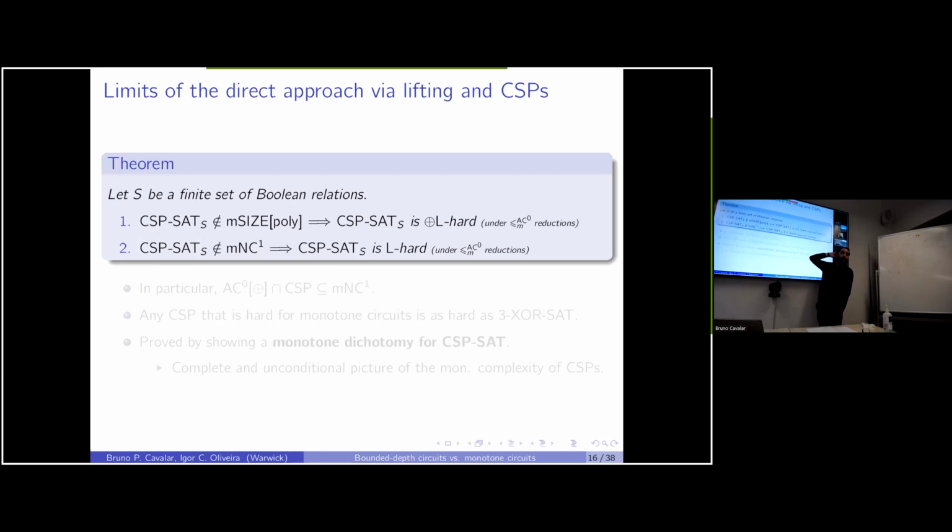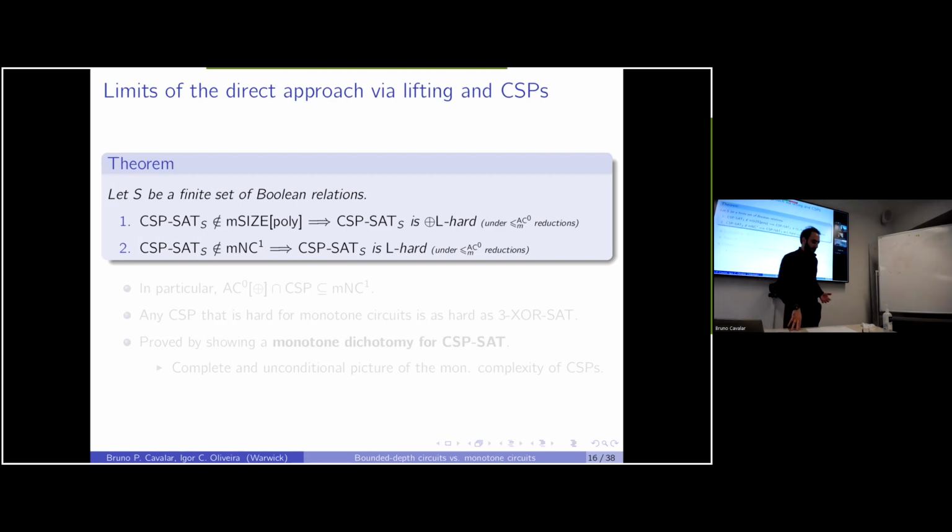You show that it's parity-L hard, under AC0 reductions. And if it's not computed by monotone NC1, then it's also log space hard.